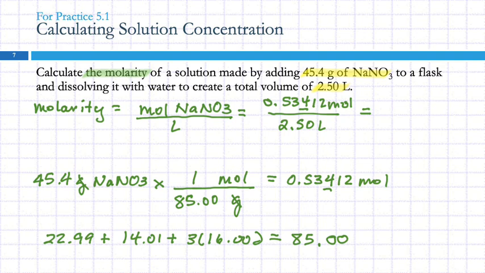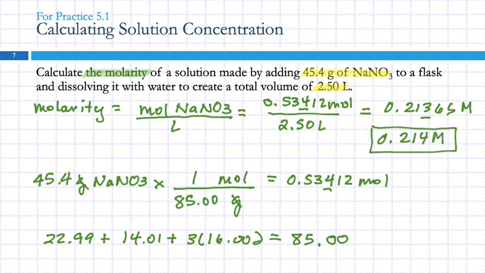So I've got that number divided by 2.50. 0.213, and the next 2 digits. So that would be 0.214 capital M, which is the same as moles per liter.